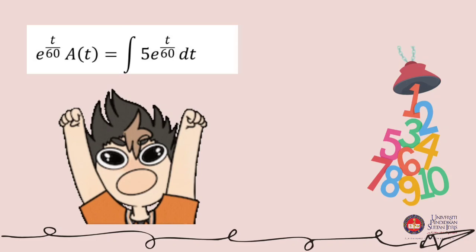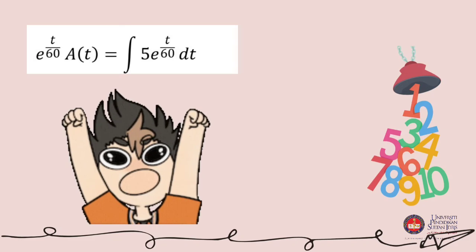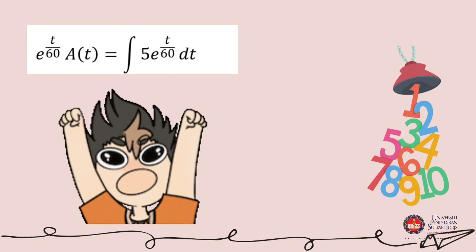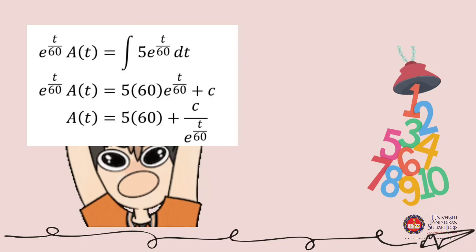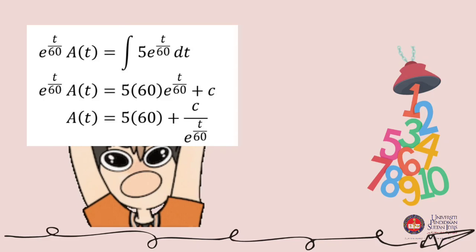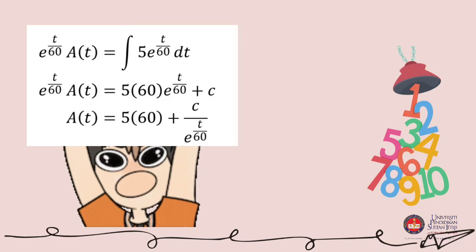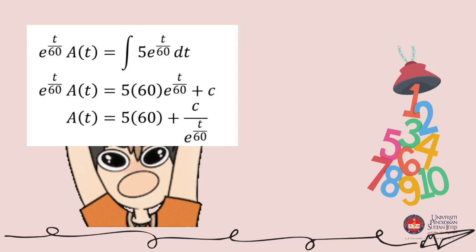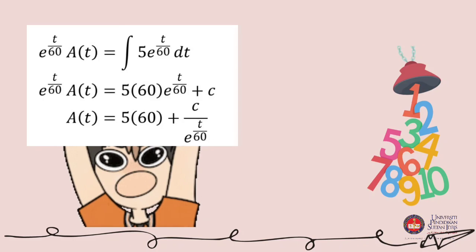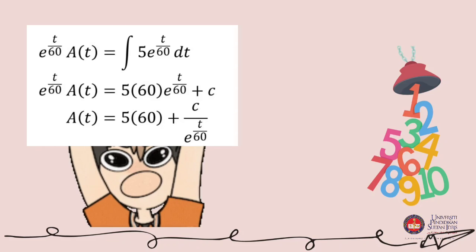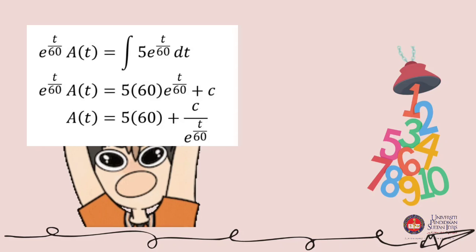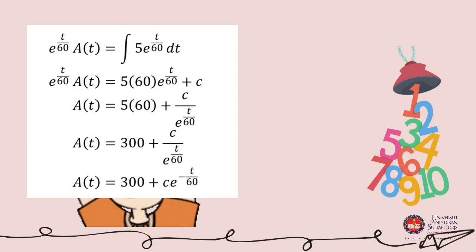Then we integrate 5 e to the power of t over 60 to get 5 times 60, which is 300, times e to the power of t over 60 plus c, where c is the constant. Don't forget.